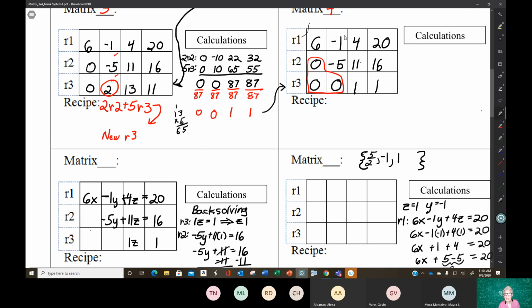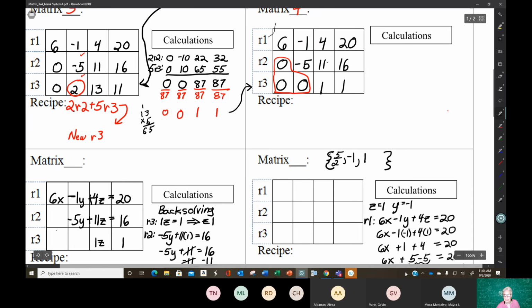So if we had been doing Gauss-Jordan elimination, what we would have ended up with is this.